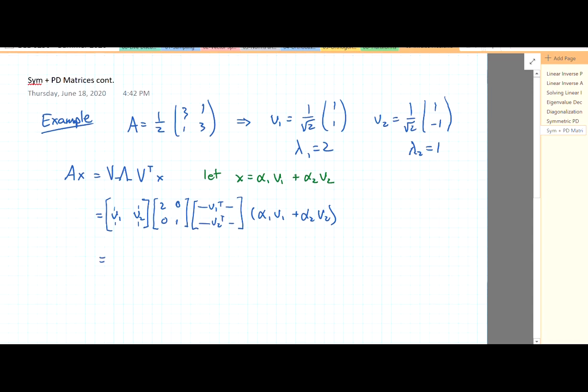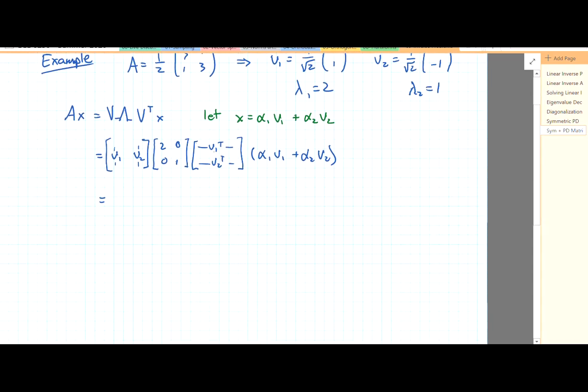Well, okay, so v transpose times v1 is going to be 1, and v transpose times v2 will be 0. So the right hand side of this is going to simplify a bit. We get alpha 1 there and alpha 2 there.